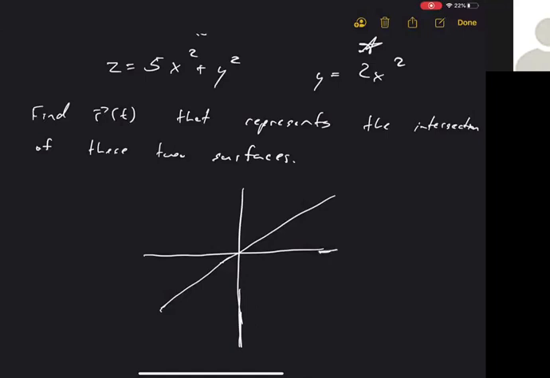Y equals 2x squared is a cylinder, not a circular cylinder, but remember 12.6, our general definition of a cylinder. If I was just looking in the xy plane, that'd be a parabola, right? But since we're in R3, this is actually a whole surface, right?